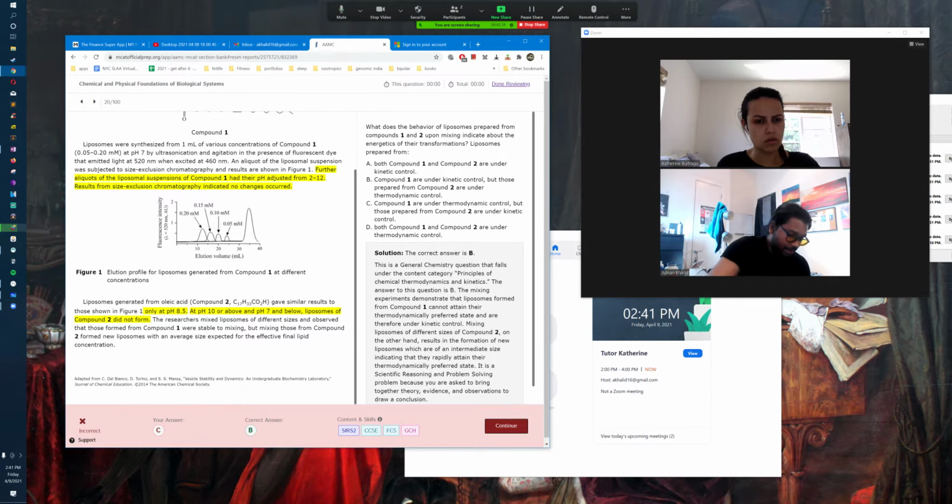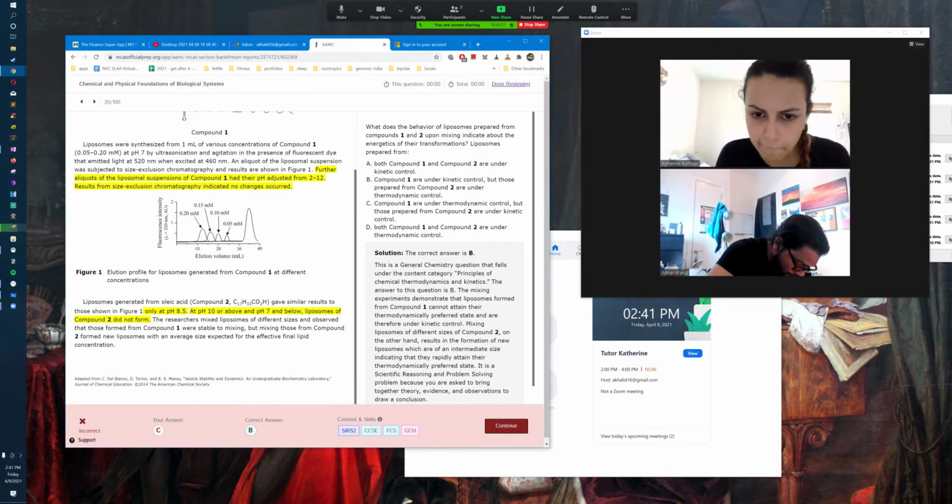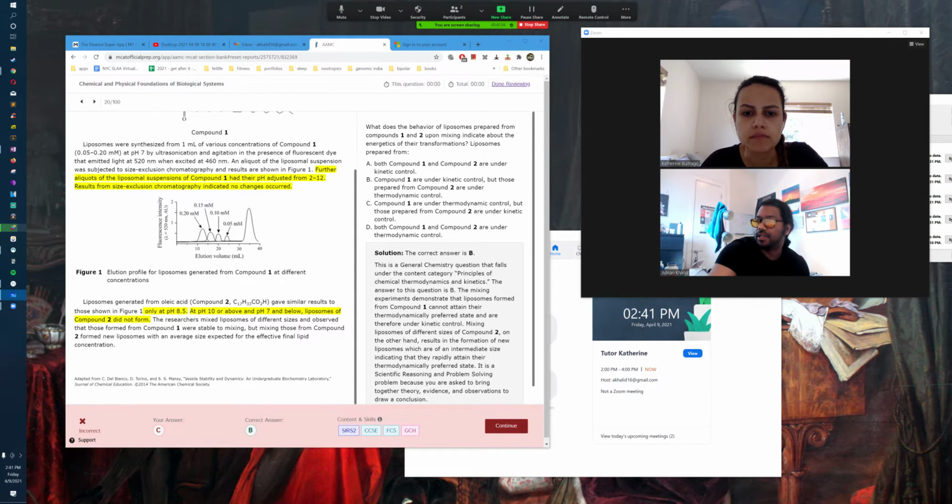So basically, for compound 1 you have a liposome of this size, of this size, of this size, of that size. Can you scroll down a little bit? Thank you. But for compound 2, they just mixed and formed one new liposome that is equivalent to these sizes combined, or the average of those.